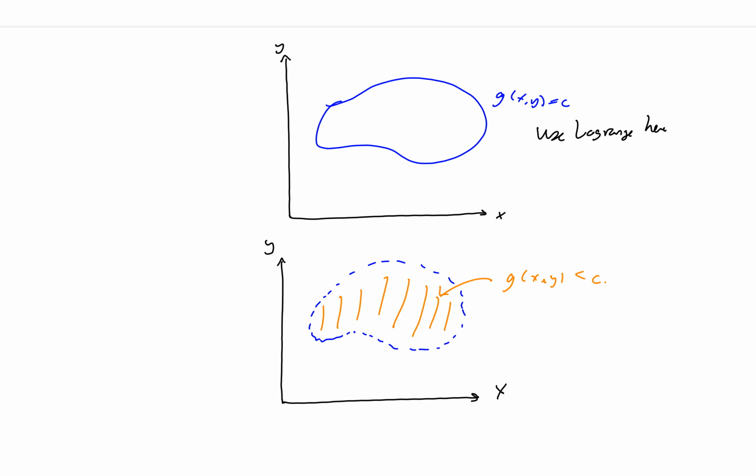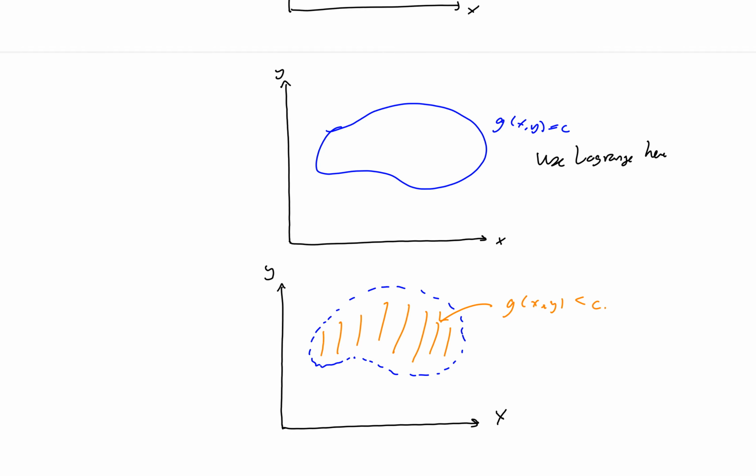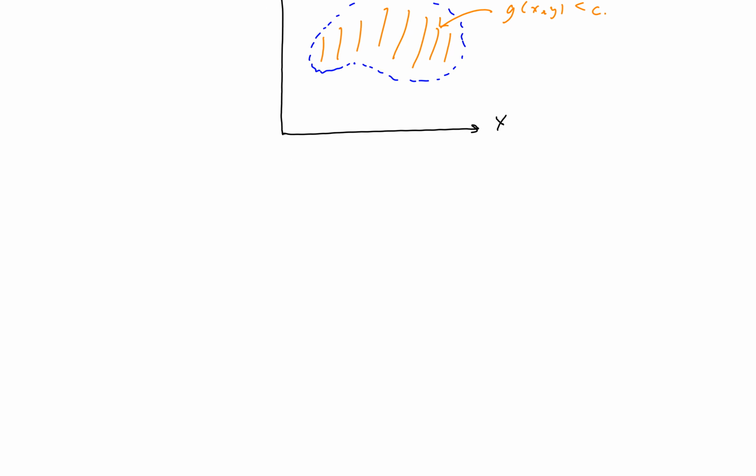So let's look at an example of how this plays out with some equations. You want to think of this type of problem as akin to when we found maximums and minimums on closed intervals in the one variable case.